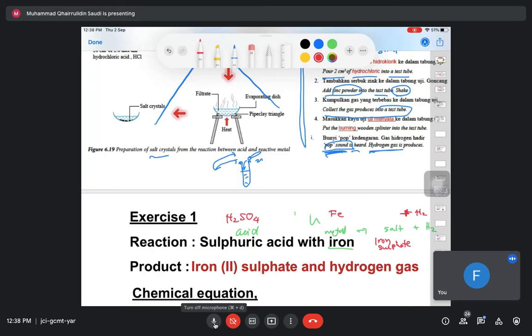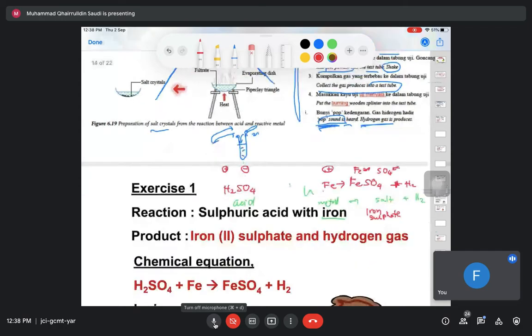So Fe is cation, H is cation, hydrogen is cation, sulfate is anion. So iron ni nak kawan dengan sulfate pula. So iron Fe2+, sulfate SO4 2-. Okay, the charge is the same, so we can just cancel. So the formula is FeSO4.